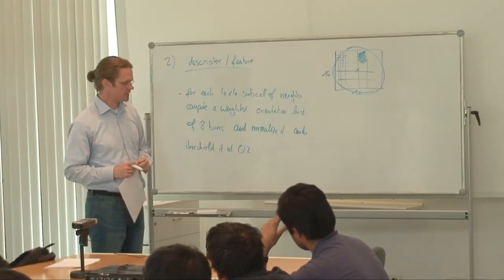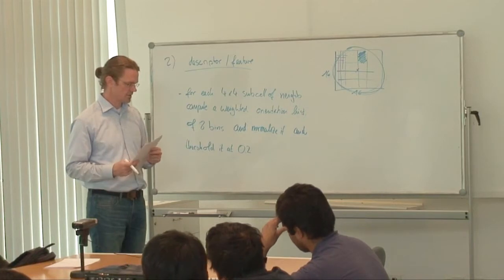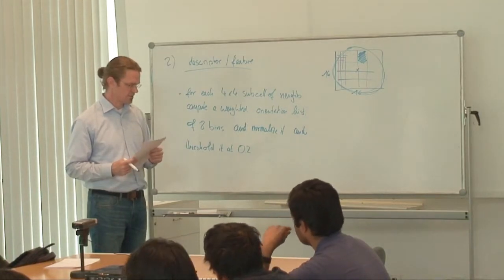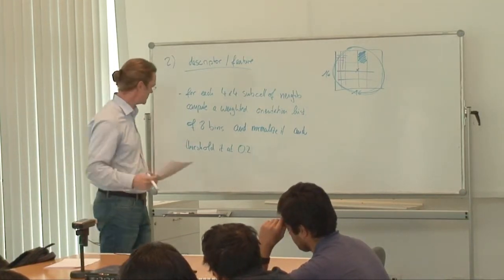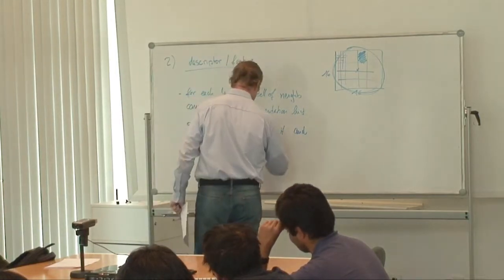If we do that, then this histogram does not represent a probability distribution anymore, and so therefore we normalize it again.